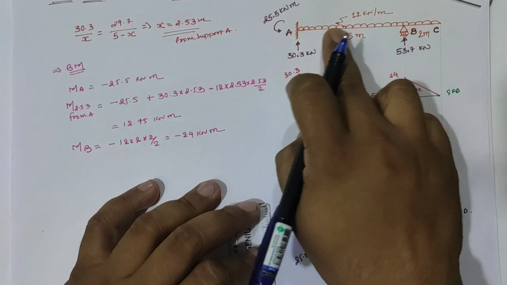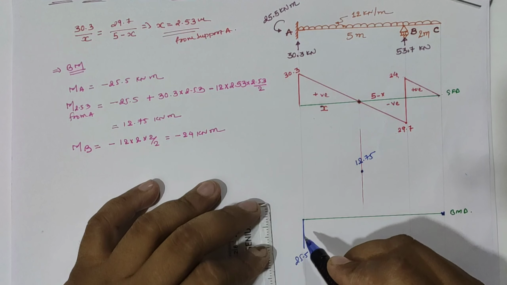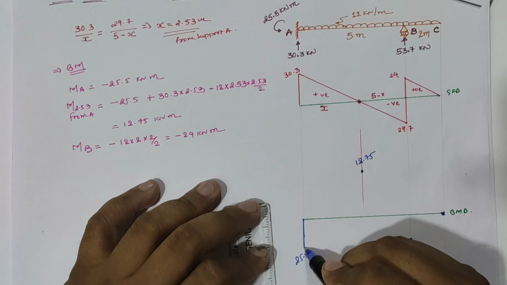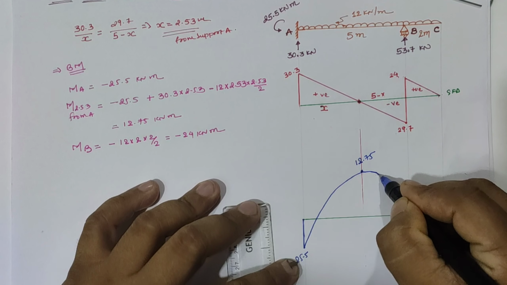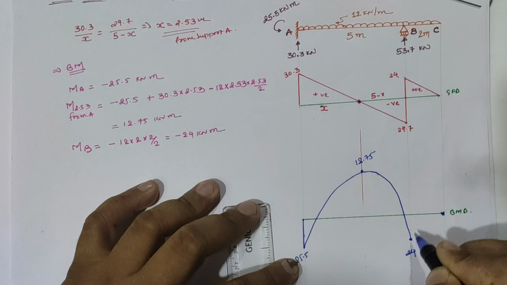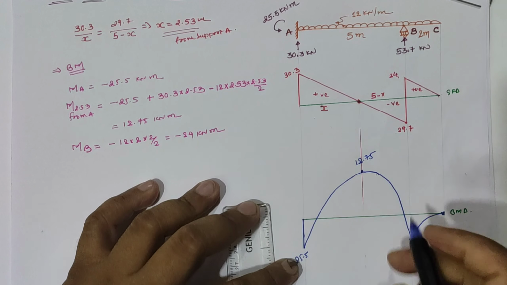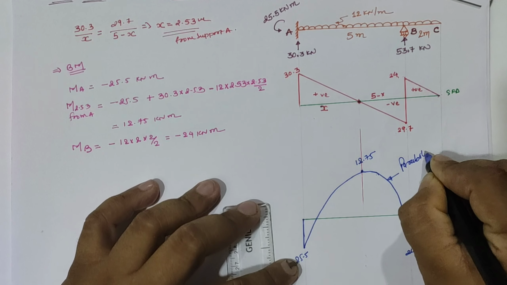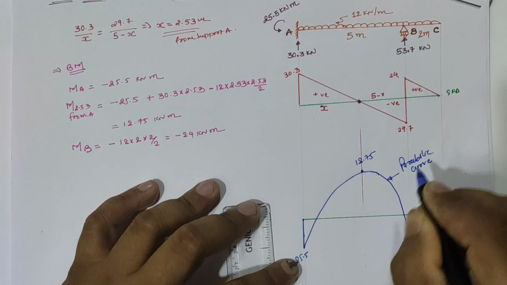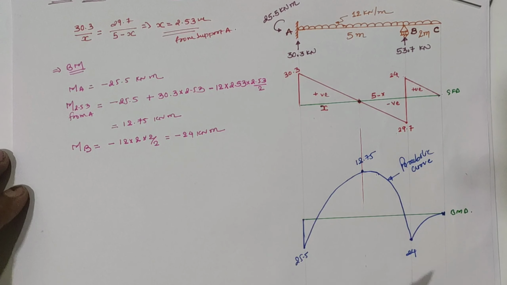The diagram for UDL is a curve, hence our diagram is as shown, and the diagram indicates the parabolic curve in nature.